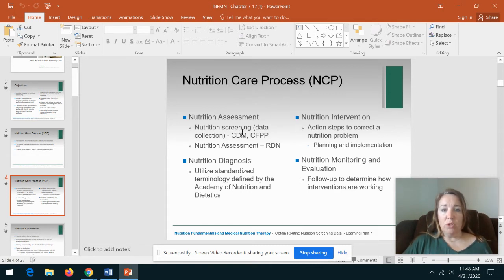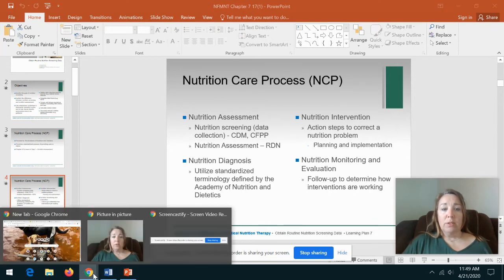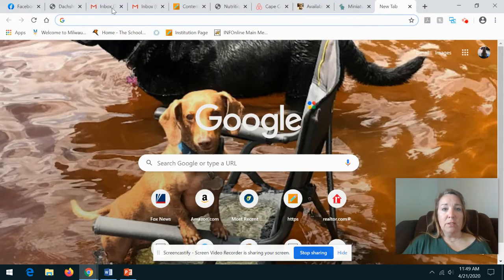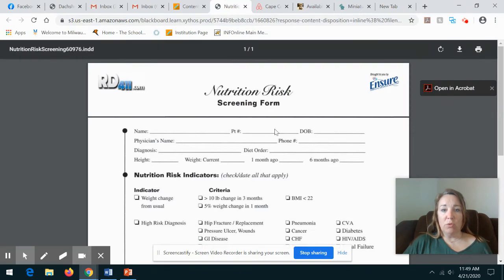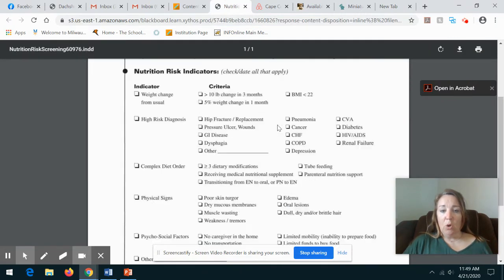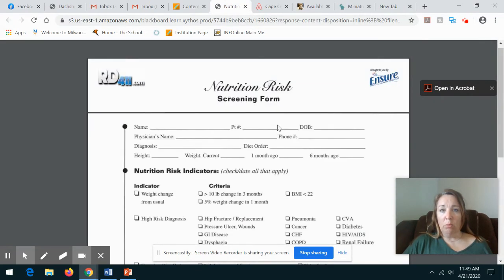All right, so a nutrition assessment is typically done by a registered dietitian, or in some cases, the dietetic technician. Prior to the nutrition assessment, though, a nutrition screening is done, and you'll see on your documents for this chapter that there's a nutrition risk screening form, which I will go through shortly.